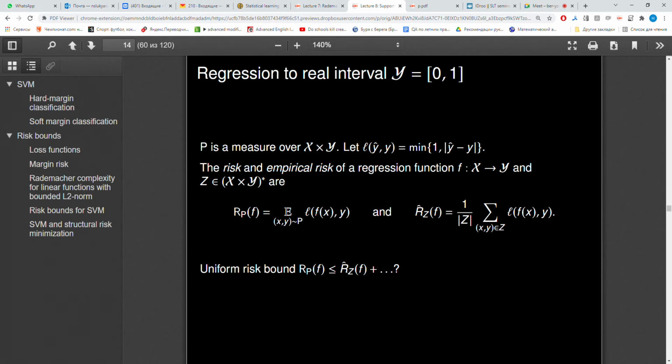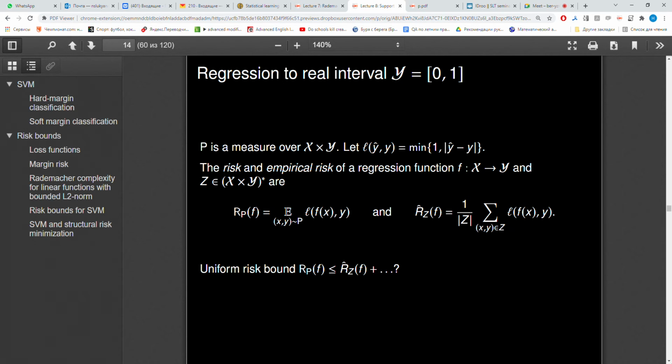Okay, after that we can introduce more values of risks, like the usual risk and empirical risk of a regression function f. We have some penalty function, some loss function L, and we can introduce, first of all, the empirical risk.